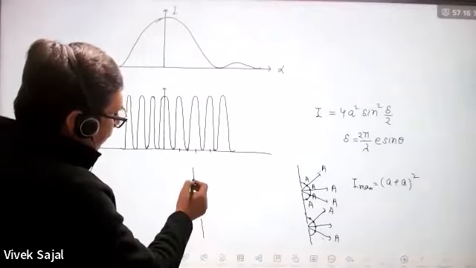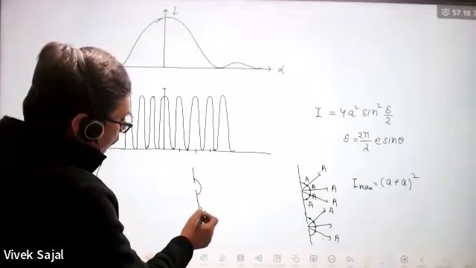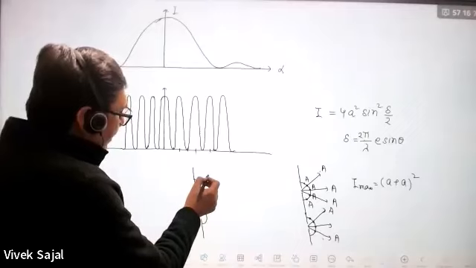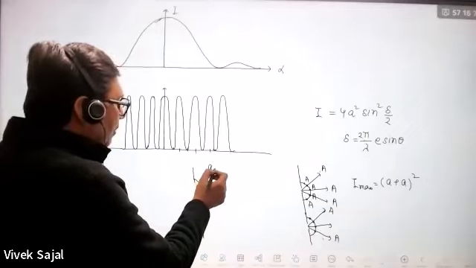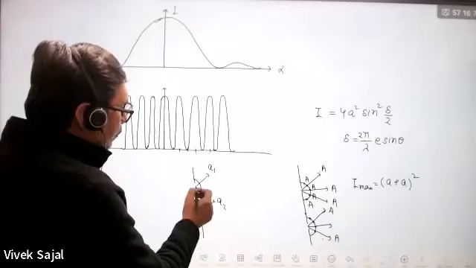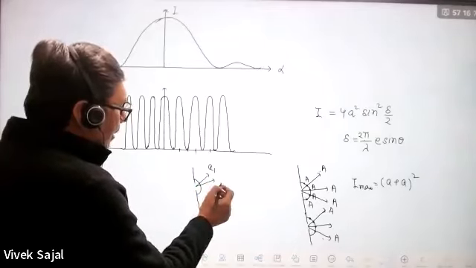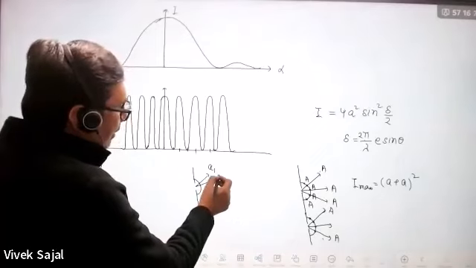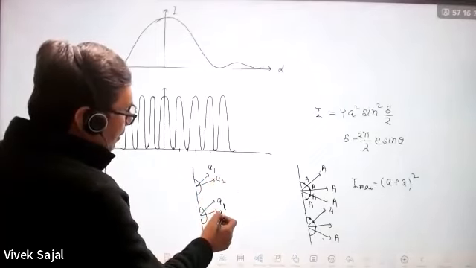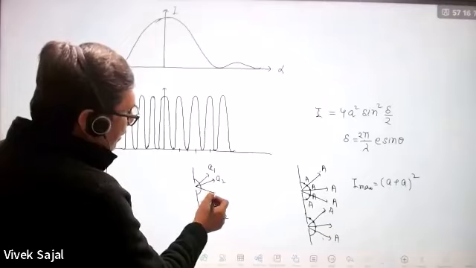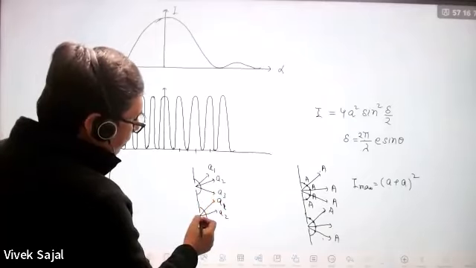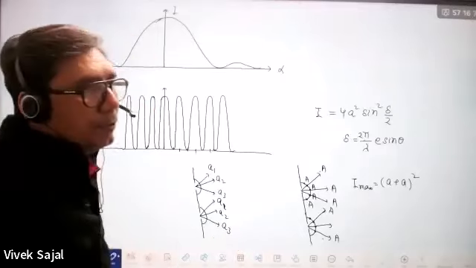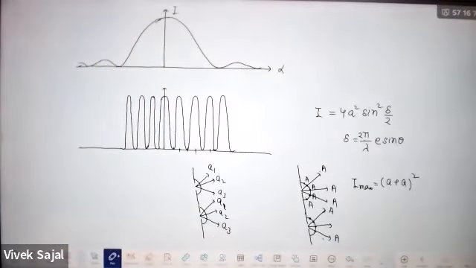Whatever light you choose in this direction, the amplitude will be A1. But if you choose another direction, another set of parallel moving light, it will be A2. If you choose this direction, it will be A3. So in every direction, the amplitude of the light is different due to diffraction.